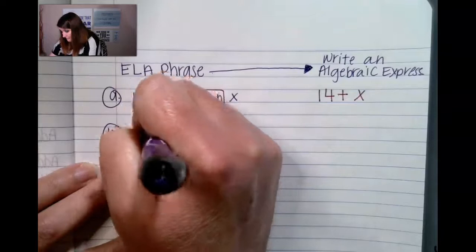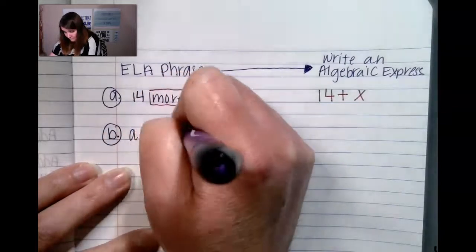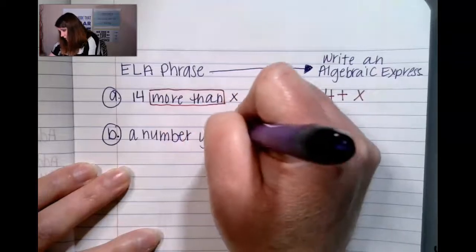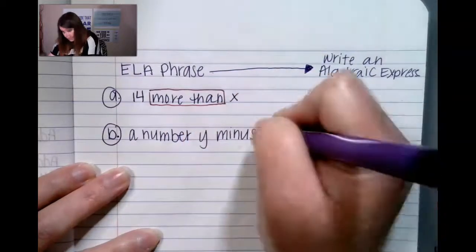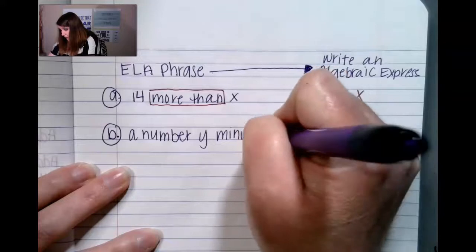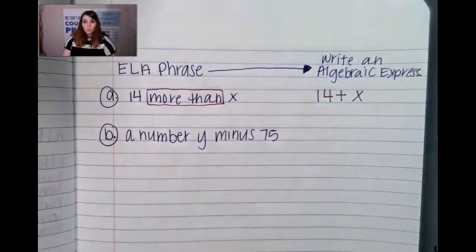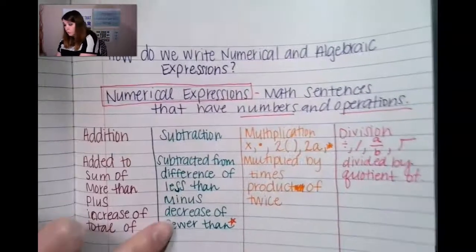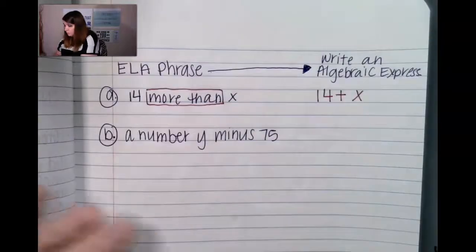A number Y minus 75. Okay, so we know minus means to subtract. If you don't remember that, look back at your clue words. That's why you have them.